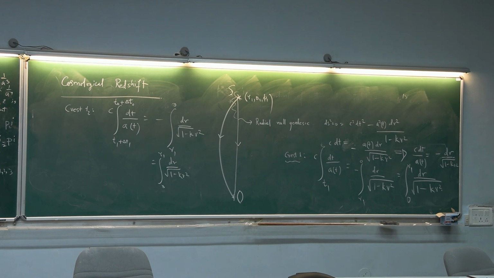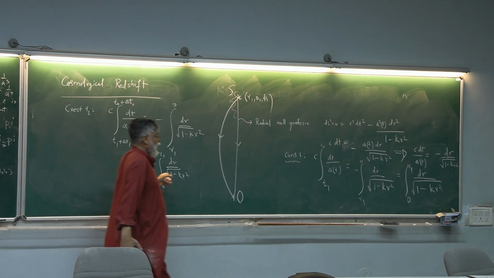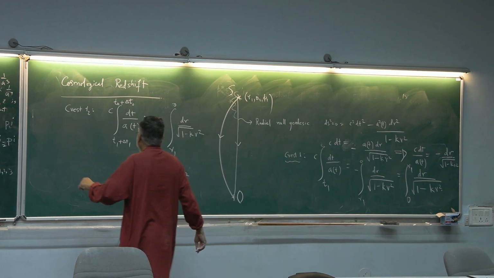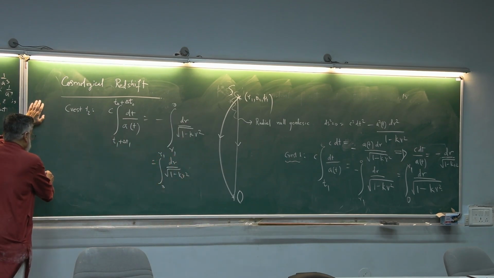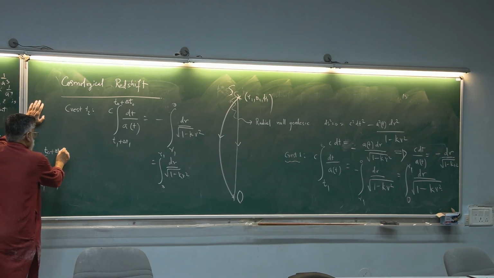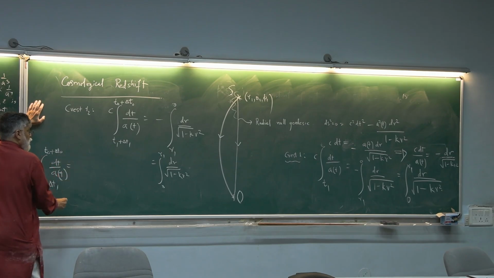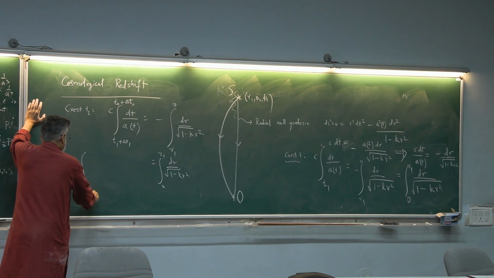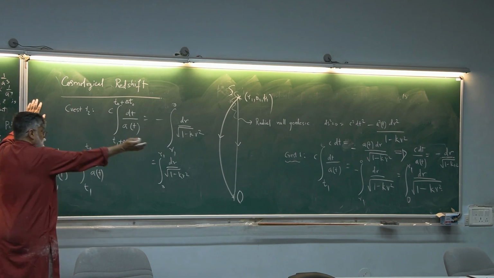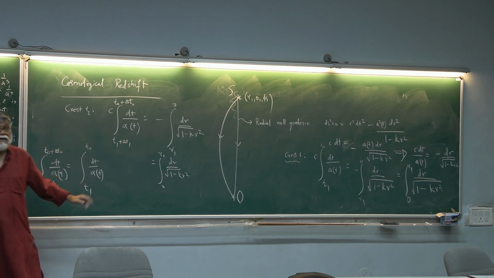And we have got the equation that, because the right hand sides are identical, the integral from t1 plus delta t1 to t0 plus delta t0 of dt by a of t is the same as the integral from t1 to t0 of dt by a of t. Because this part is the same, we have got this equation.